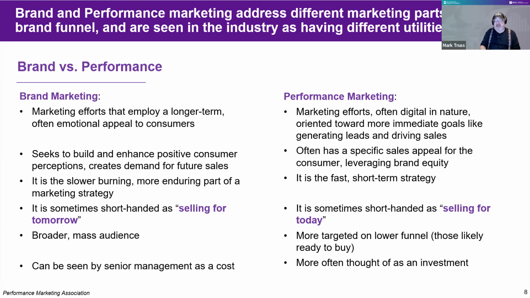And it is the fast short-term strategy. Let's get sales quickly. It's sometimes shorthanded as selling for today. And it's more targeted. It's more lower funnel, right? Awareness, interest. It's getting people to buy, do something. And it's more often thought of as an investment with an immediate return, right?